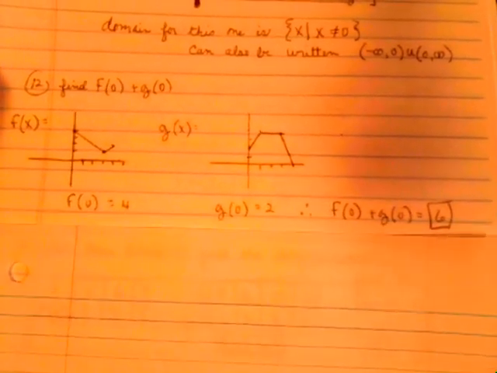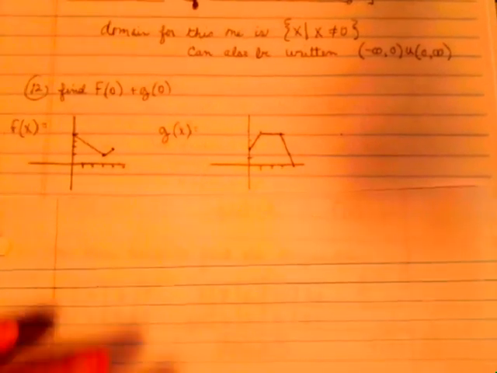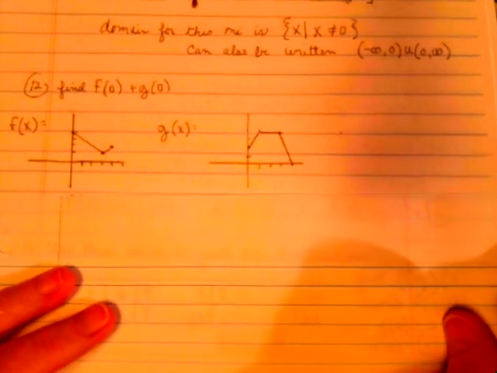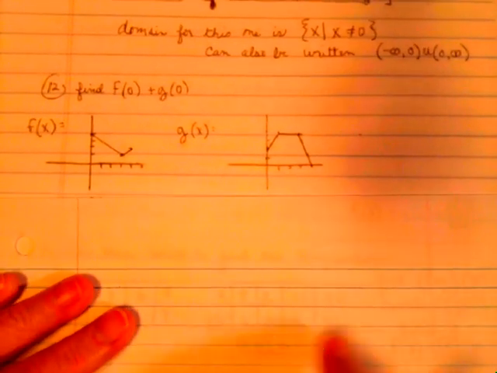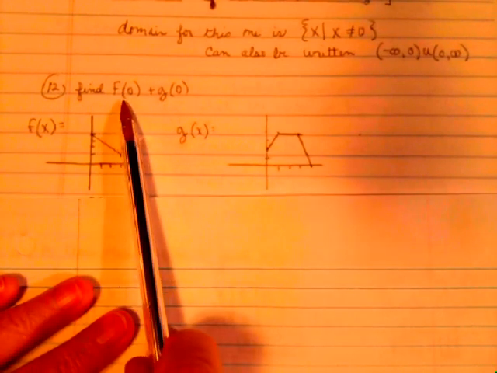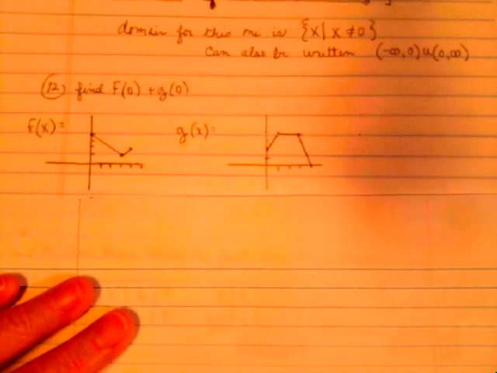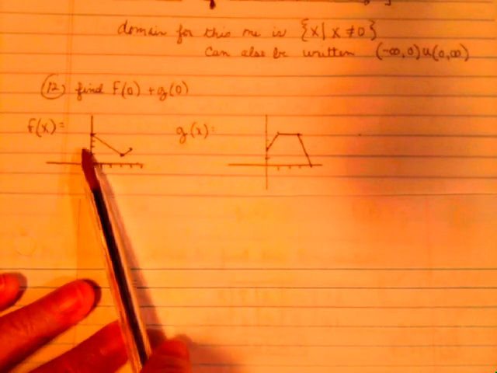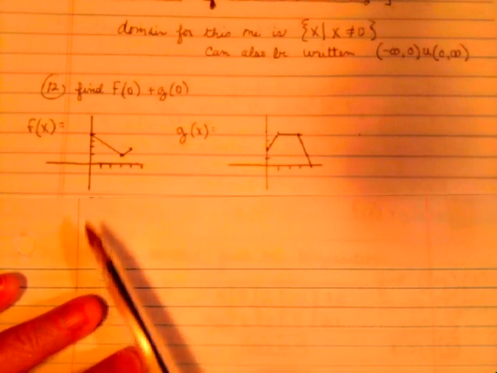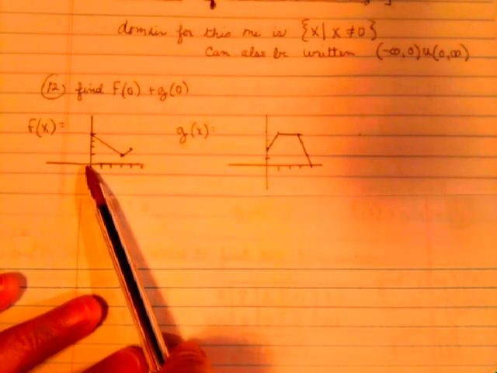Number 12. They have a couple of problems on homework where they have graphs drawn, and they want you to look at these graphs that represent functions f and g and solve a problem. They're saying find f of 0 plus g of 0. This first graph represents function f. The second one represents g. You know that when x is 0, I'm on the y-axis.